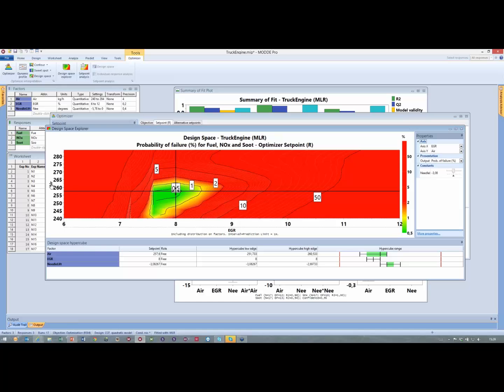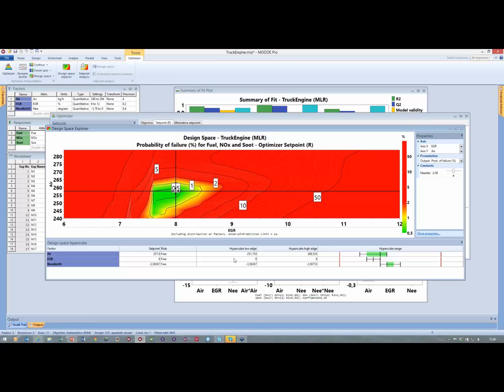It's not just air and EGR, but also the third factor, needle lift, and we can also do a sliding here across changes of the third factor, so we instantaneously see how things change. Where we have the crosshairs, that is where we have the robust set point, which has a maximum distance to the borders of the green volume, you can say.